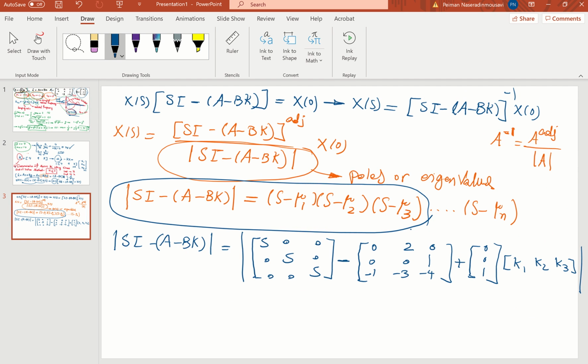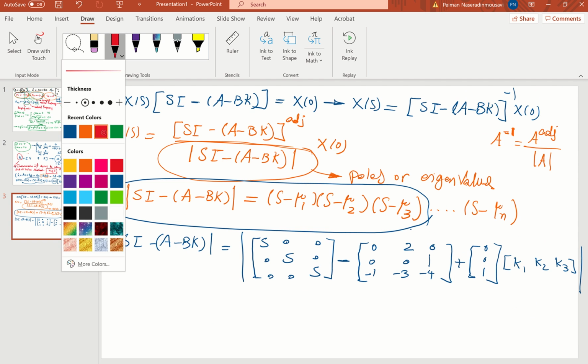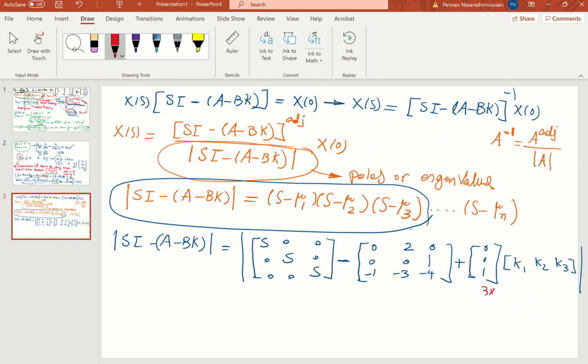Determinant. So the trick is here, guys. This is a 3 by 1 matrix, this is 1 by 3, so the result of this is going to be a 3 by 3 matrix. Let us do that, because you have to add and subtract a lot.